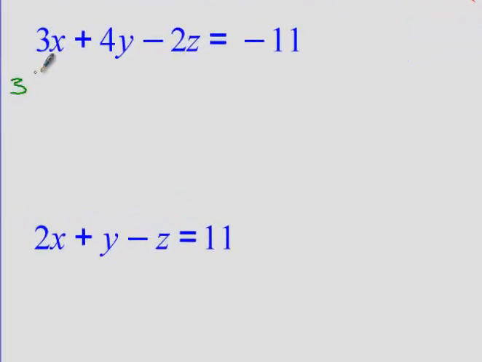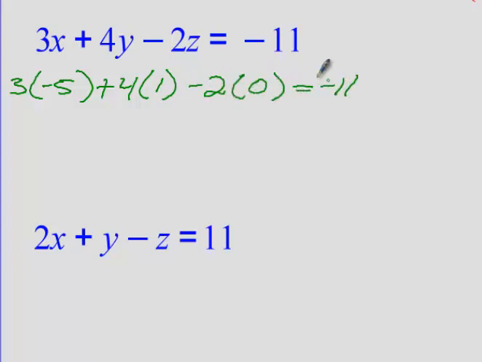So what's my x-coordinate? -5 plus 4 times my y is 1, and my z is 0. And I want to know, is this true? Okay? So let me change this background to white, see if that's better for the green. So what's 3 times -5?